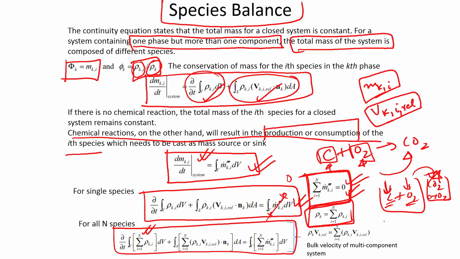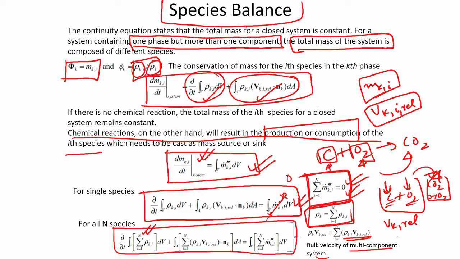And this V k relative, which is the relative velocity or the bulk relative velocity of a multi component system, is nothing but the density weighted summation of all the individual species of the system, rho k into V k.